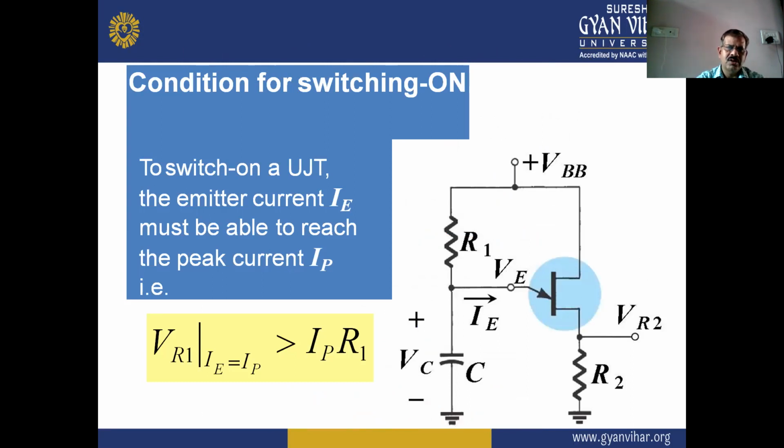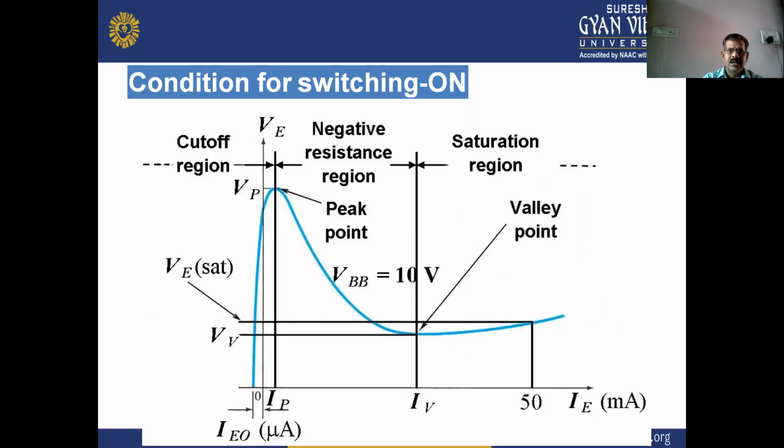Condition for switching on. To switch on a UJT, the emitter current IE must be able to reach the peak current IP. So here VR1 at IE equal to IP is greater than IP R1, and this is the condition for switching on.